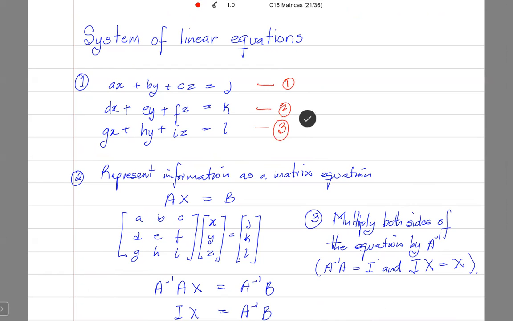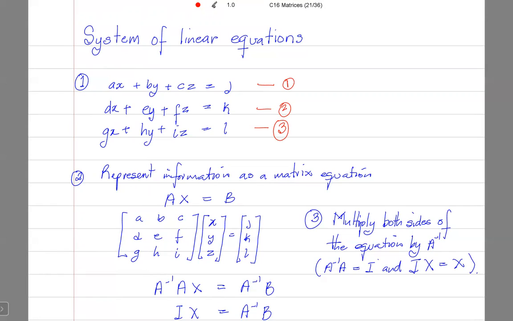The first thing we're going to do is represent the information as a matrix equation of the form AX is equal to B. In this form, A is the coefficient matrix. We take the coefficients of X, Y, and Z and form a matrix out of them, and that matrix is called the coefficient matrix.